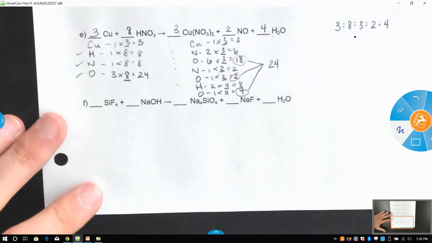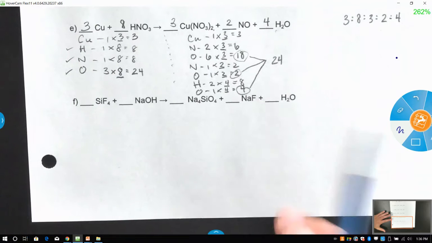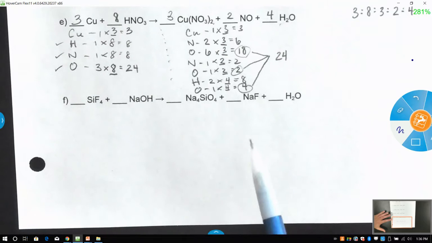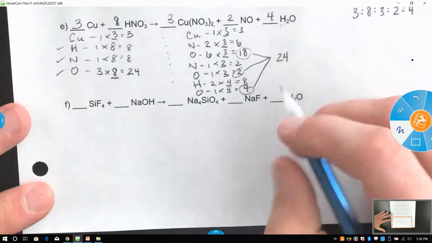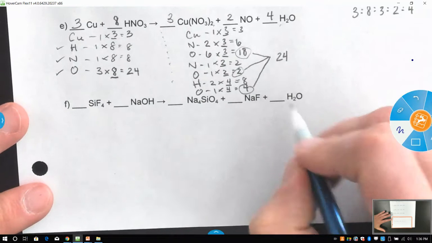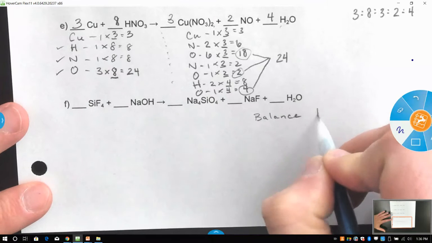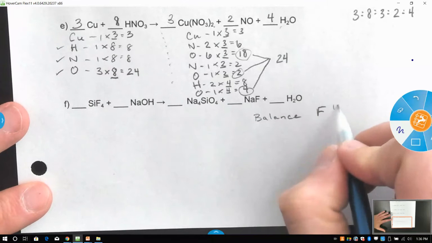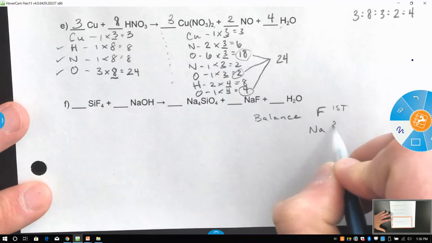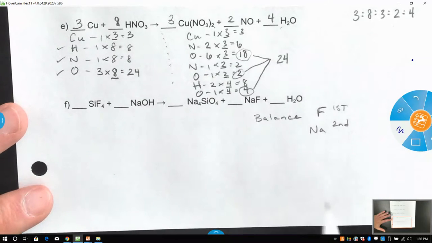In letter F, after you make your inventory, I'm going to tell you to balance the fluorine first, and then the Na second, and then you should be able to complete that.